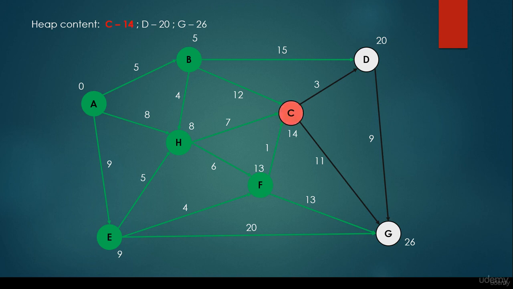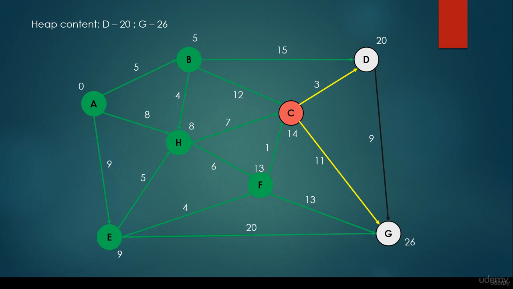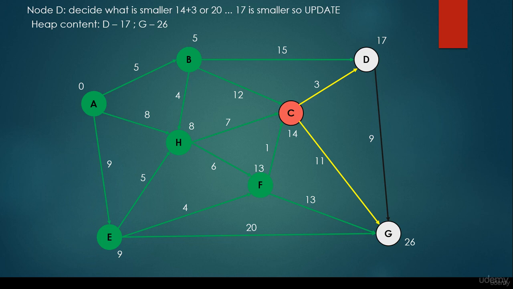Of course the node C is the smallest one. We take it out from the heap, we visit all of its neighbors, we decide whether 17 is smaller than the min distance for vertex D, which is 20. Of course 17 is smaller, so we update the min distance of vertex D and we update the predecessor as well. We visit the next neighbor of C, the node G, and we decide whether 25 is smaller or 26.